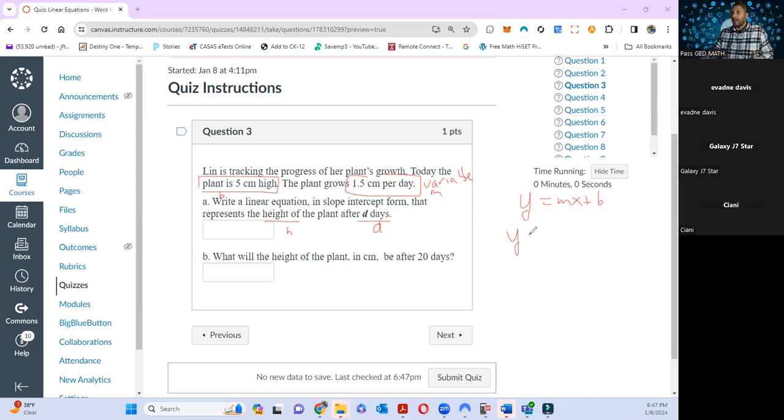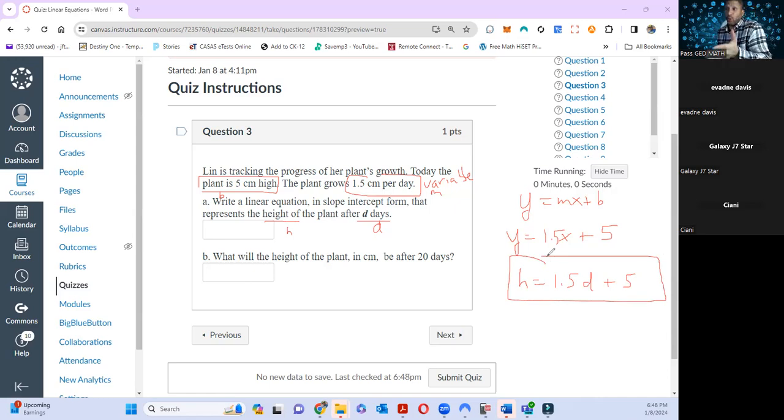So y equals 1.5x plus 5. We're not using y and x, we're using h and d, so my height after d days. So h equals 1.5 times the number of days plus 5. That would be my linear equation.